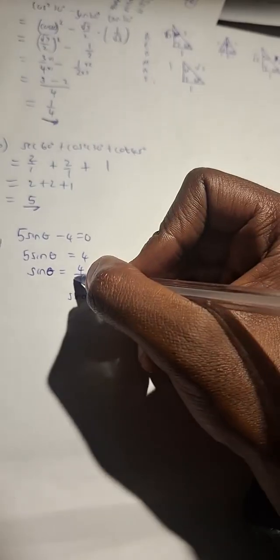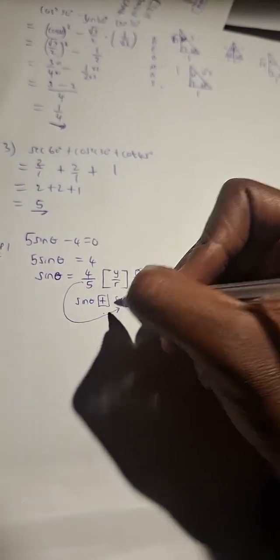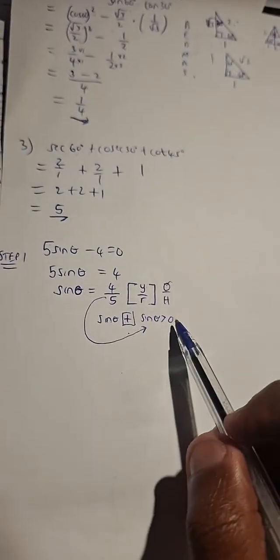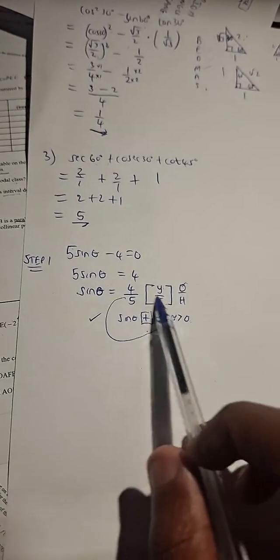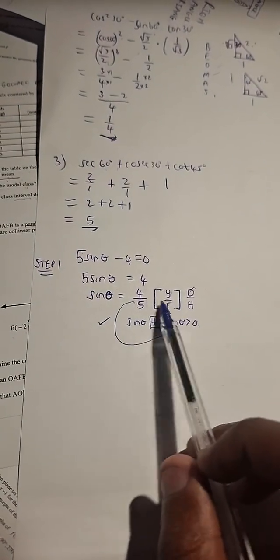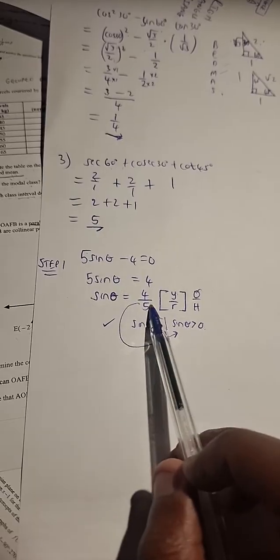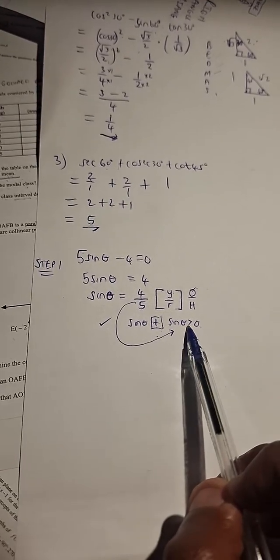Why do we say that? It's because the number 4 over 5 is a number that is greater than 0. So we can say sine is positive. That is the first piece of information we can gather from the trig ratio. Sine theta is equal to 4 over 5. 4 over 5 is a positive value.